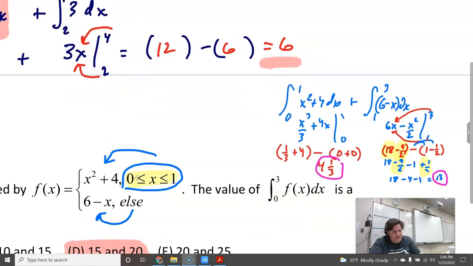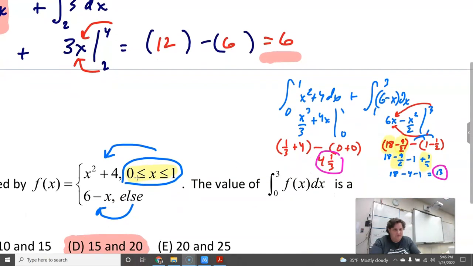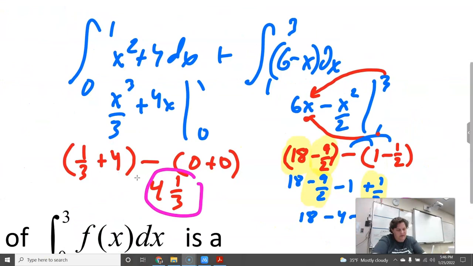Check it out. On number 16, when I was plugging in, 3 times 6 is 18, that's fine. 3 squared over 2 is 9 over 2. But when I was plugging in 1, this is my problem right here, you guys, I plugged it into 6. What's 1 times 6, my friends? It's not 1, it's 6. Ugh.